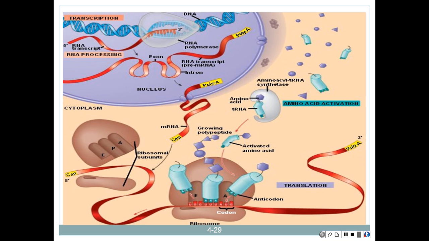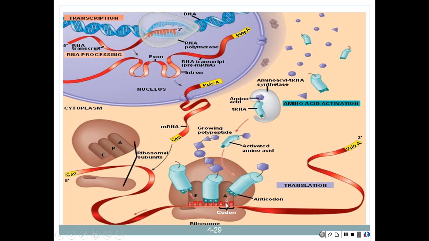The second step in translation is elongation, and this represents sequential ribosomal activity that increases the number of amino acids in the polypeptide chain. The next tRNA arrives carrying another amino acid.